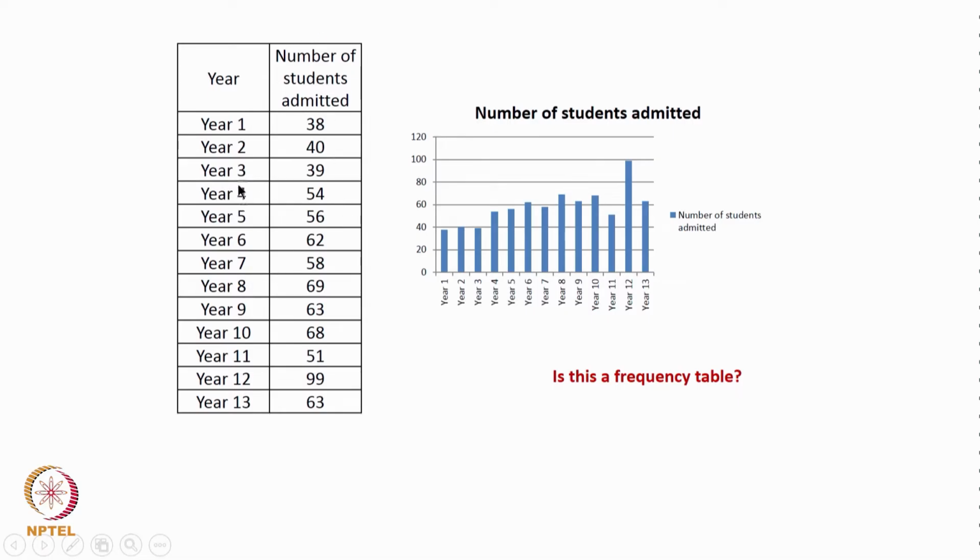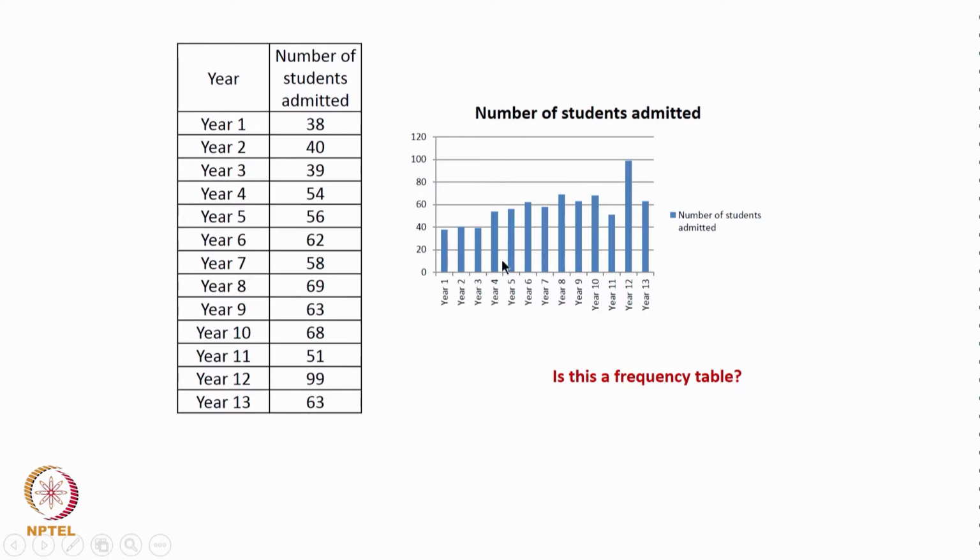It is also a time series data because we show this from years 1 to 13, and when represented as a bar chart it would look like this, with the 13 years representing the bars and the number of students shown here. This is an example of a vertical bar chart.